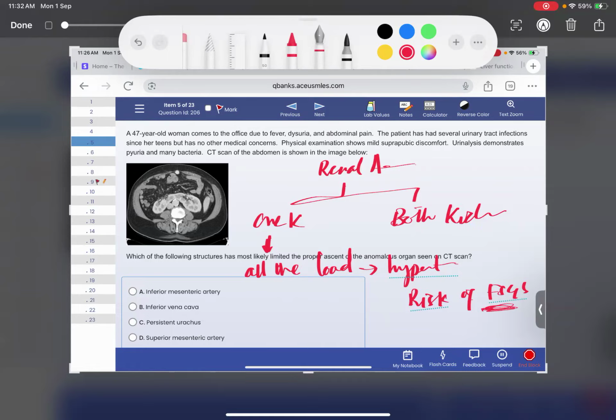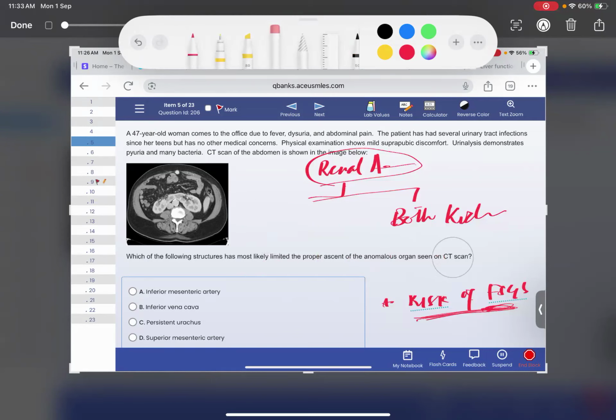We will discuss this after. But you need to remember that if we have renal agenesis, we will have hypertrophy, hyperfiltration, and risk of FSGS.